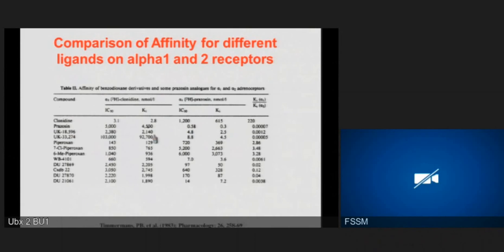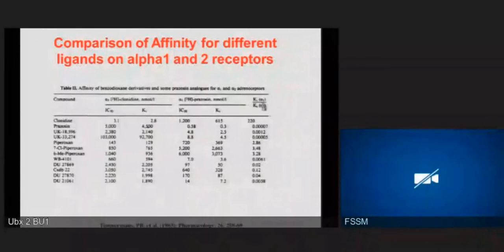And then you will check different compounds. This is not really important here. Some of them present selectivity toward alpha 2 versus alpha 1, and this is represented here.